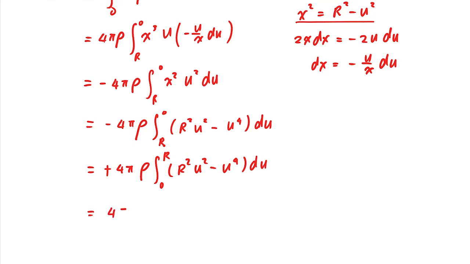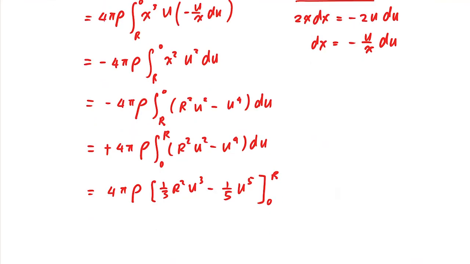Integrating now, so we have 4 pi rho, and this becomes u cubed over 3, minus u to the fifth power over 5, and then from 0 to r. Good. Okay. Now substitute.